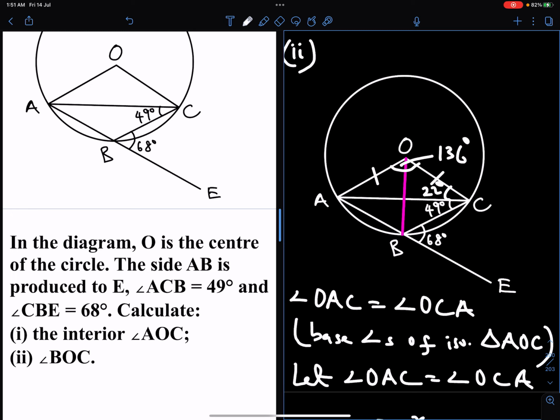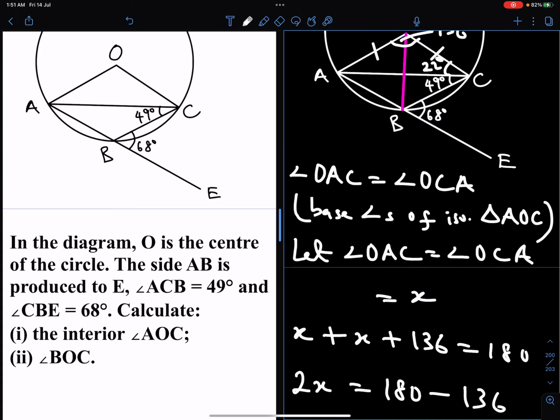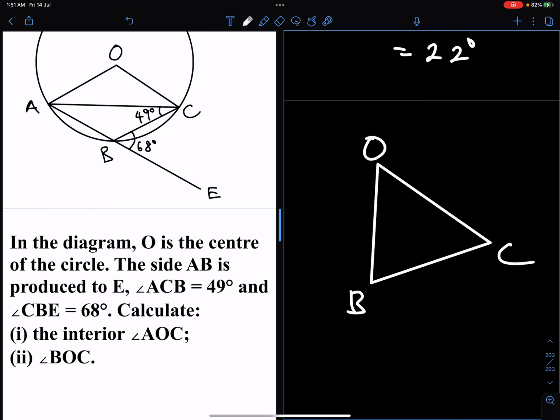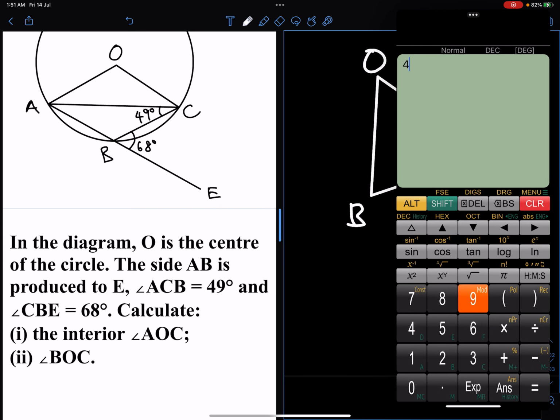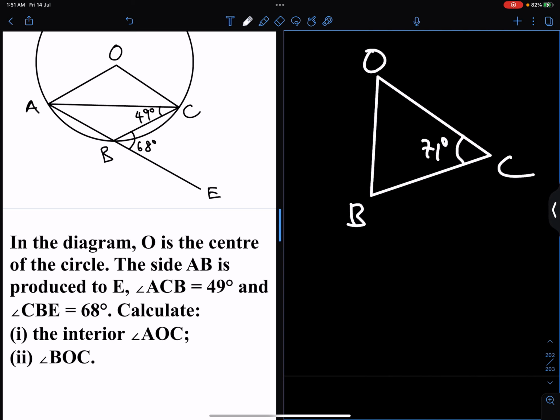Angle OCB is the whole of this, and that's 49 plus 22. So the whole of this is 49 plus 22, which is 71 degrees. You have to be sure. 49 plus 22, that's 71 degrees. The whole of angle OCB is 71 degrees.